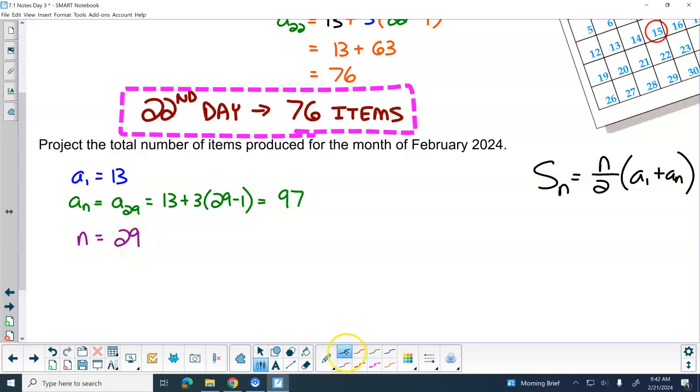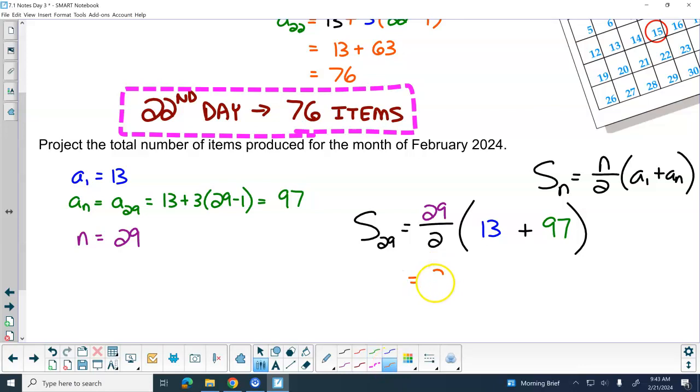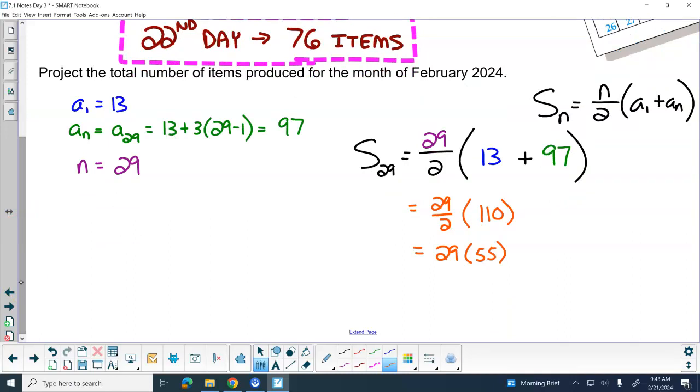Okay. So my sum of 29 days is going to be 29 divided by 2 times my first term, 13, plus my last term, 97.